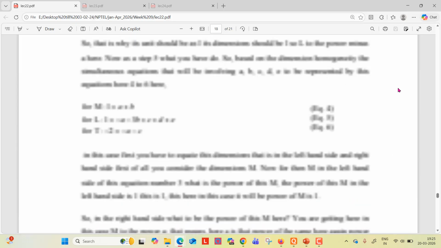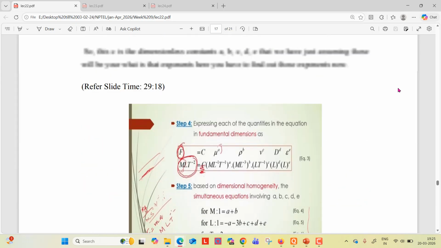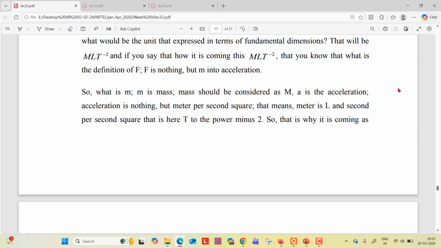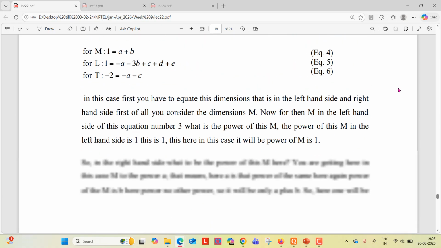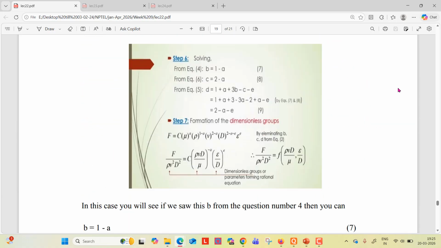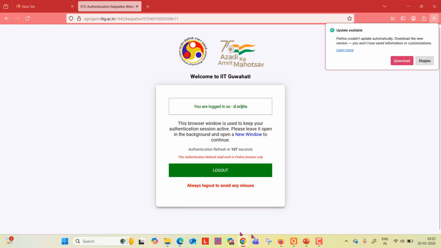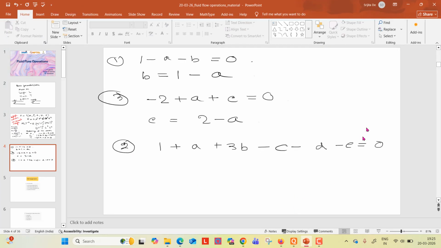Just check the second equation. So it is 1 plus a plus 3b minus c minus d minus e. Yeah, it is the same. So now we are putting the value of b and c.